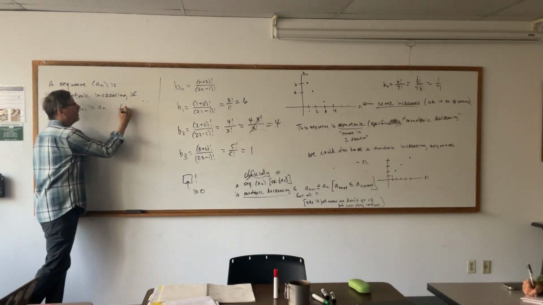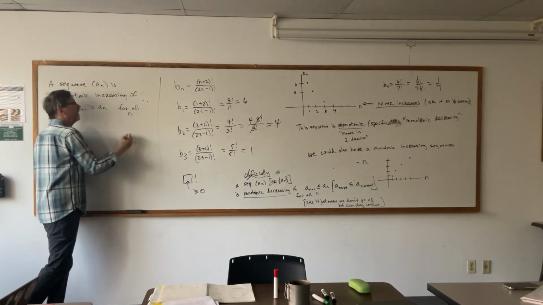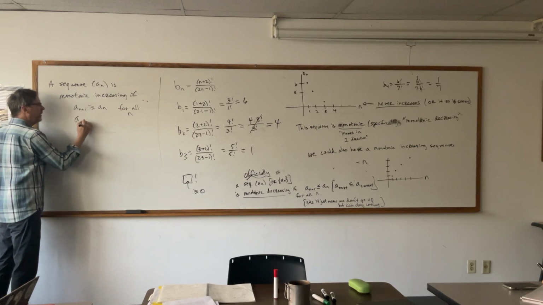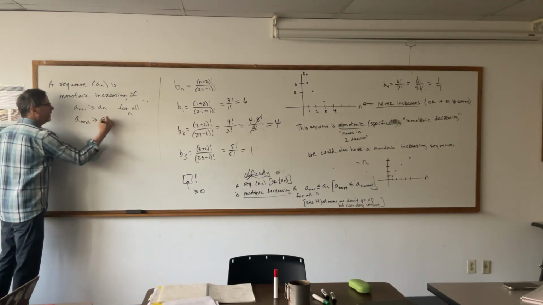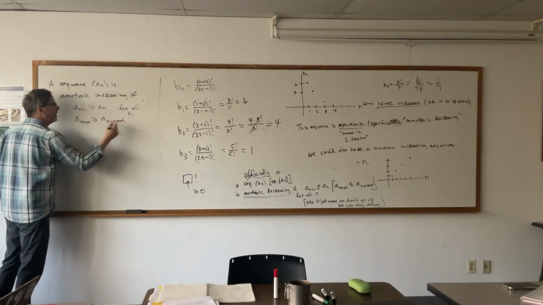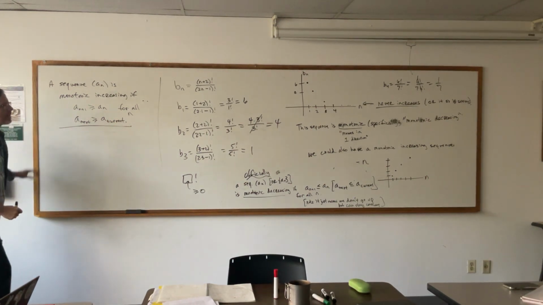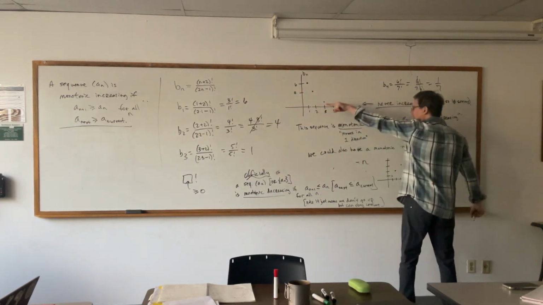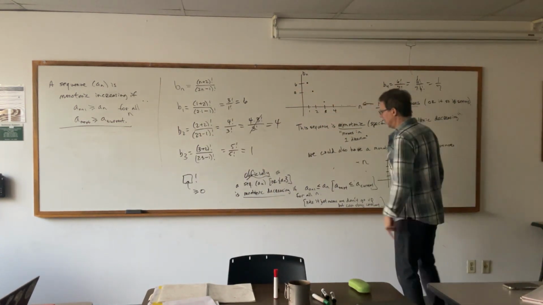And then I would just say here for all n, just to add a little bit of quantification. So again, for decreasing, a sub next is less than or equal to a sub current. So this sequence here seems like it's monotonic decreasing.